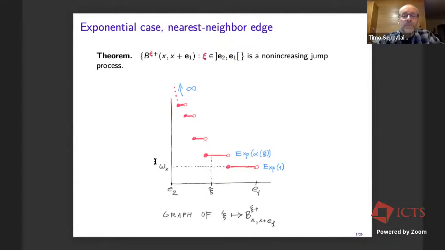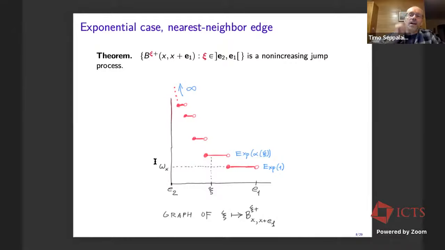So this bx, x plus e1, that's the Busemann function between x and x plus e1, right? Yes, exactly. So I'm probably thinking about this wrong, but I'm thinking that should be bounded because it's only going to differ by at most the passage time along one edge, and yet it seems to be going to infinity.